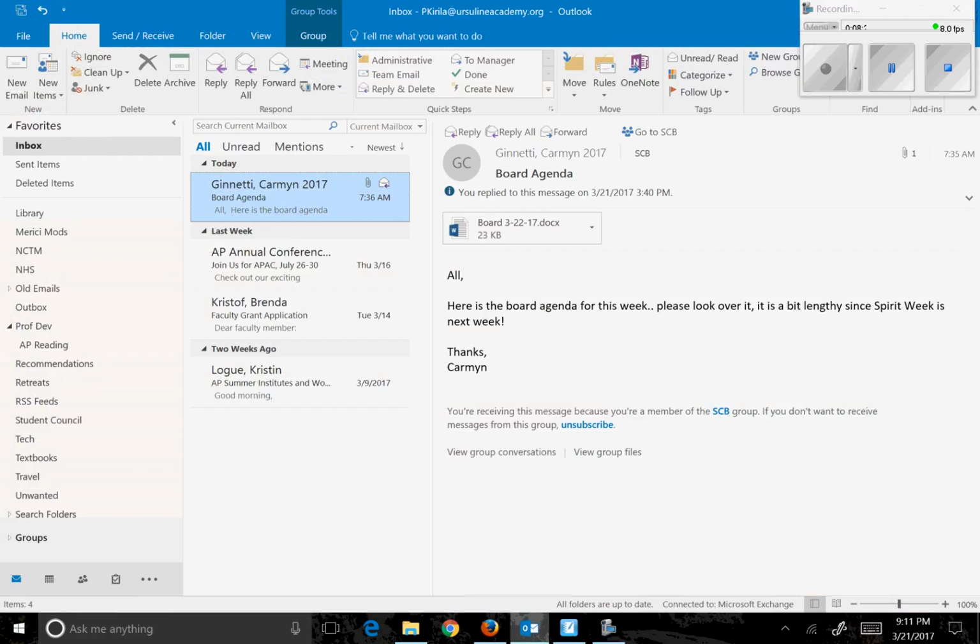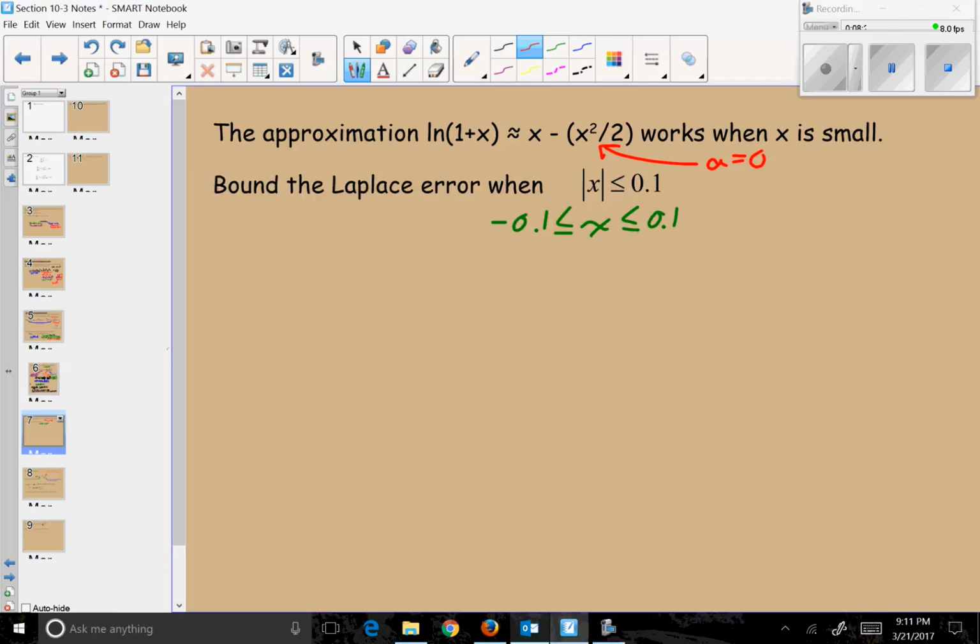And so if I'm thinking about this, I can also see the degree is 2. So my error is going to be the next term, the third degree.